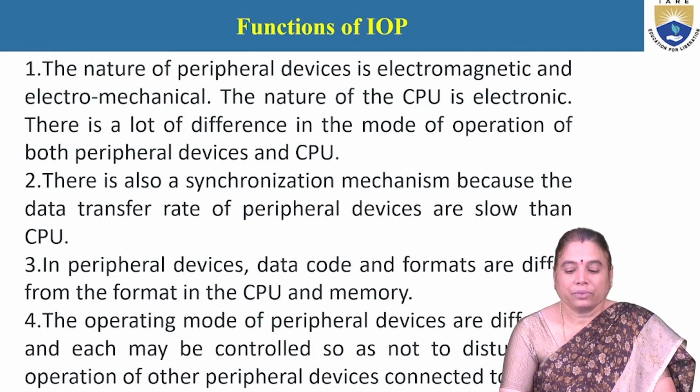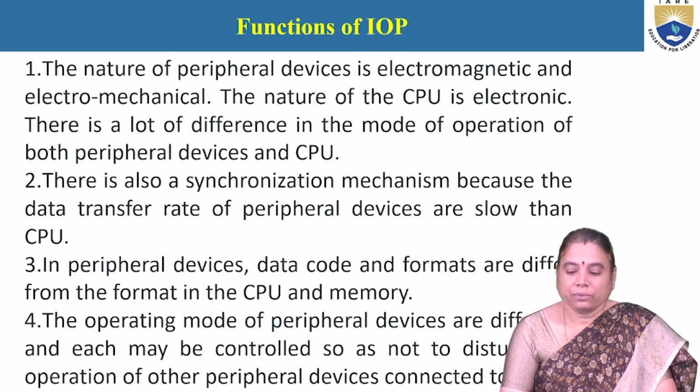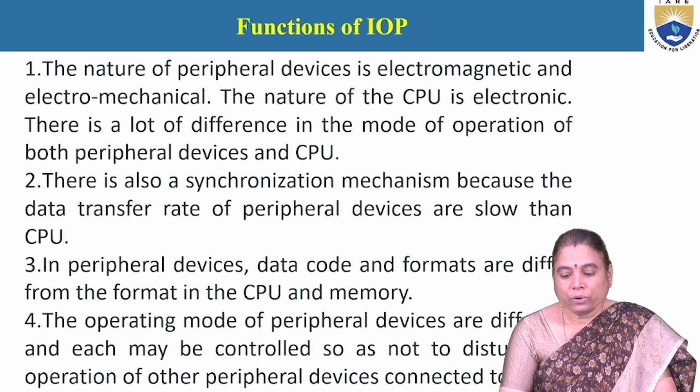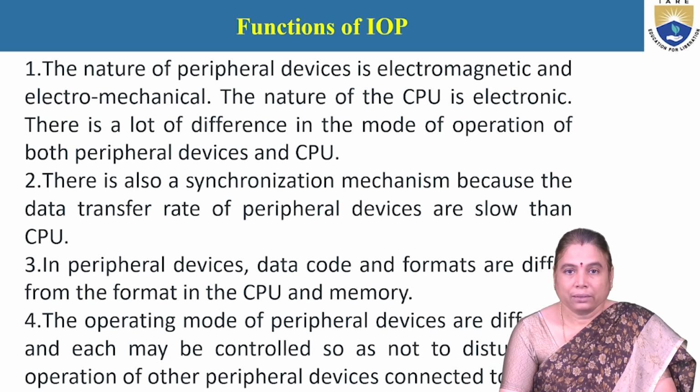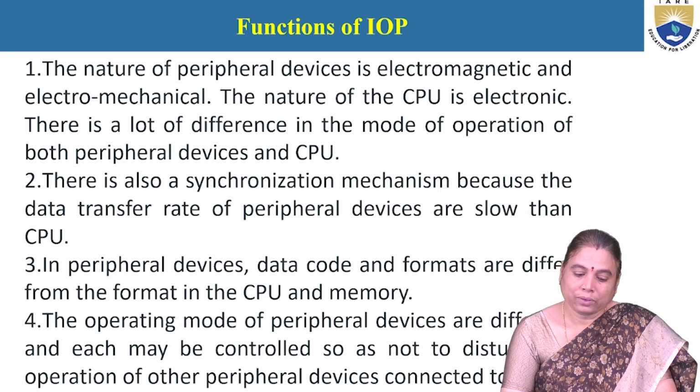A synchronization mechanism is also required to match the data transfer rates between the peripheral devices and the CPU. And the data codes and formats differ from peripheral devices to the memory. To make the synchronization, IOP is required.